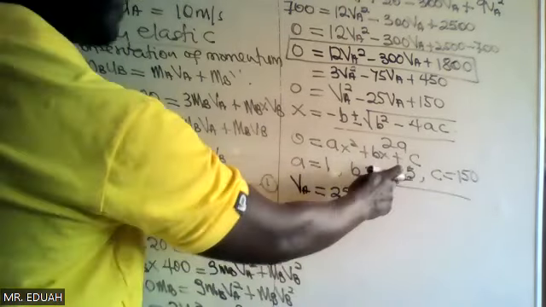But when you square a negative, it's still positive. So it's the same as 25 squared minus 4 times A, which is 1, C is 150, all divided by 2A.